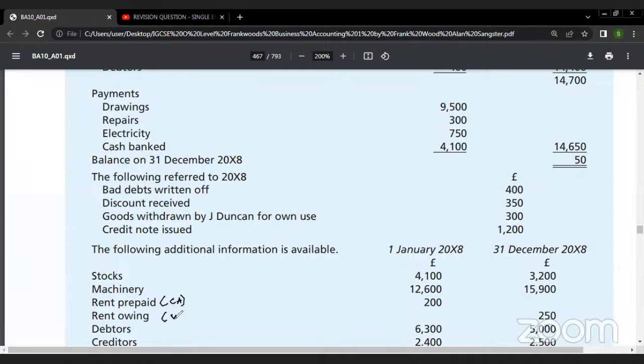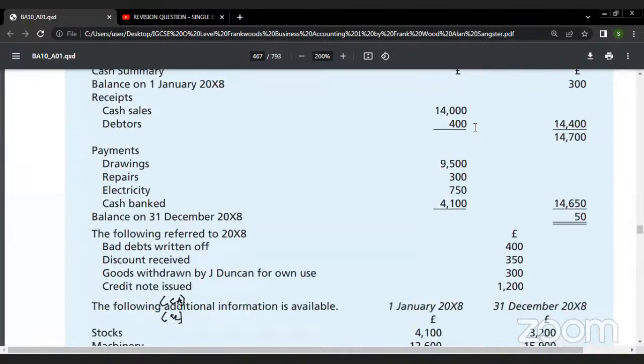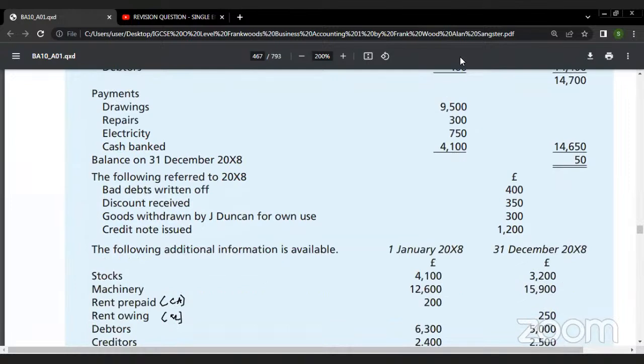This is a current liability. Don't forget. Let us see how we can come up with this account. Then in our bank, we paid how much? Let us first enter the opening balance for the rent prepaid current asset in this account.